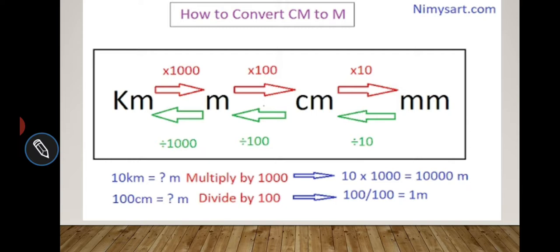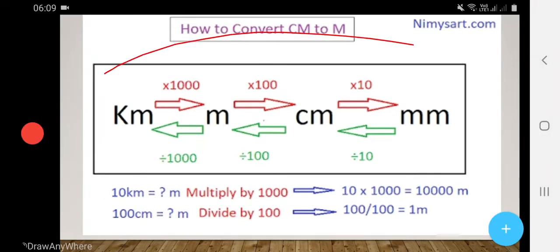If I want to go centimetre to metre, I have to divide the number by 100. If I want to go metre to kilometre, I have to divide the number by 1000. That is, if I want to go from left hand side to right hand side, I have to multiply the number, and if I want to go right hand side to the left hand side, I have to divide the number. That is, bigger unit to smaller unit, I have to multiply. Smaller unit to bigger unit, I have to divide.